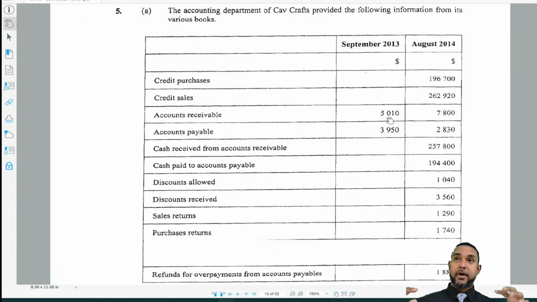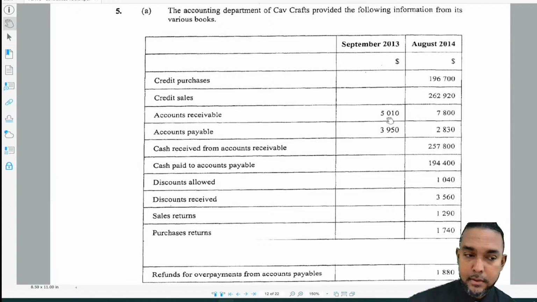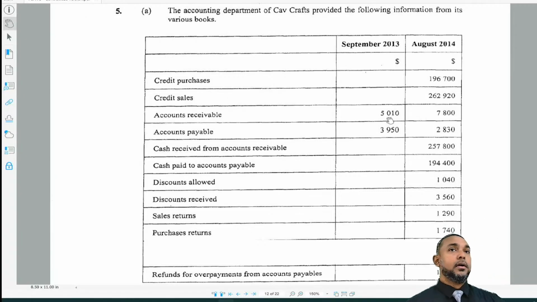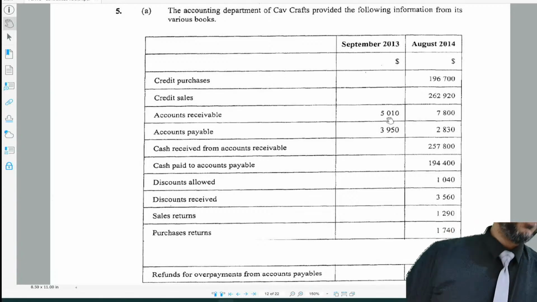So the 7,800 will actually be on the credit side initially before your total. Right. If you all have any questions, someone's going to ask. No? So I'll come and take a look and see what you're doing here. Is the whole account finished? Alright, we take a look and see what's going on.